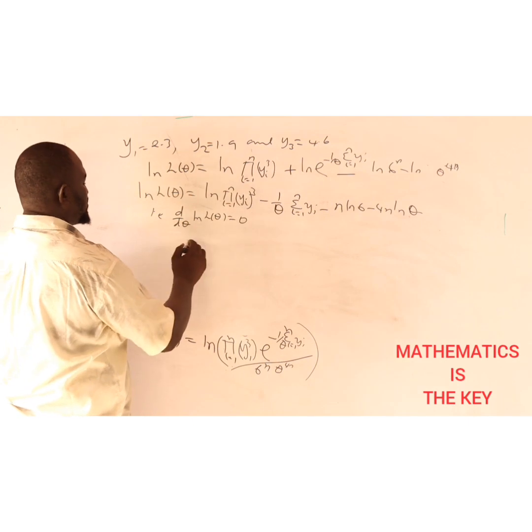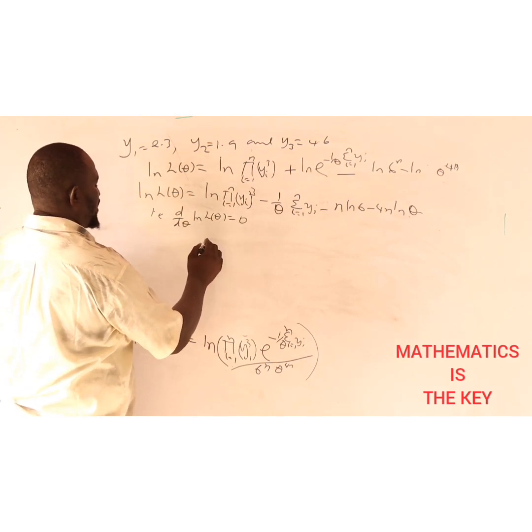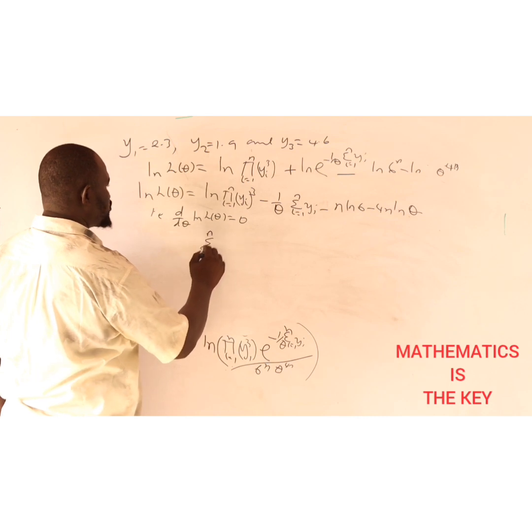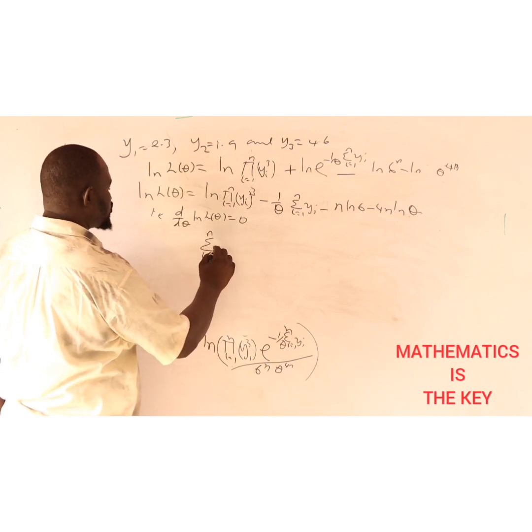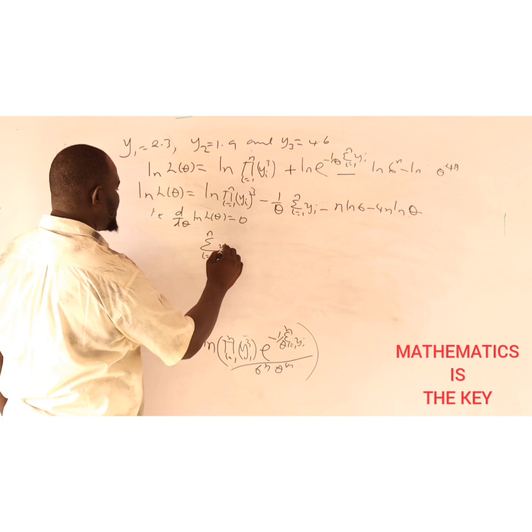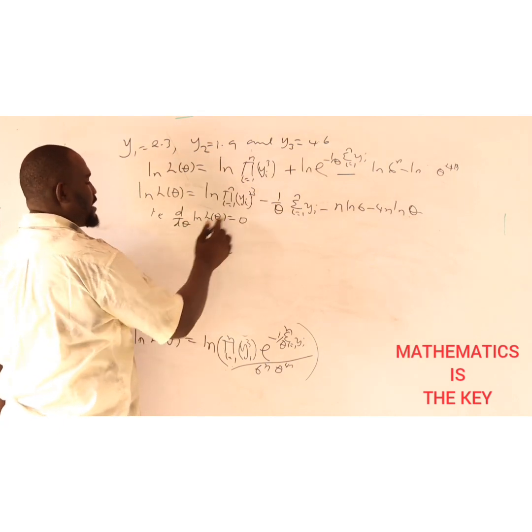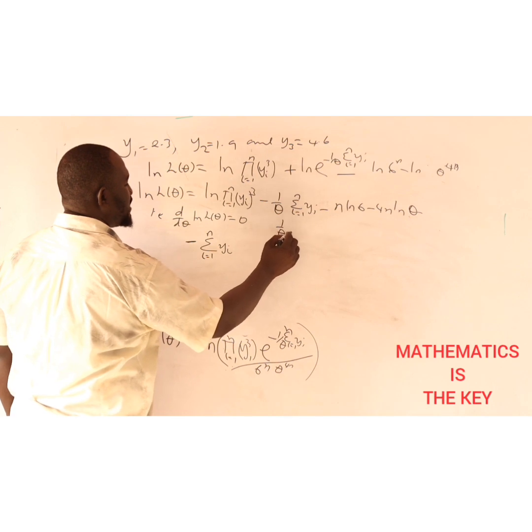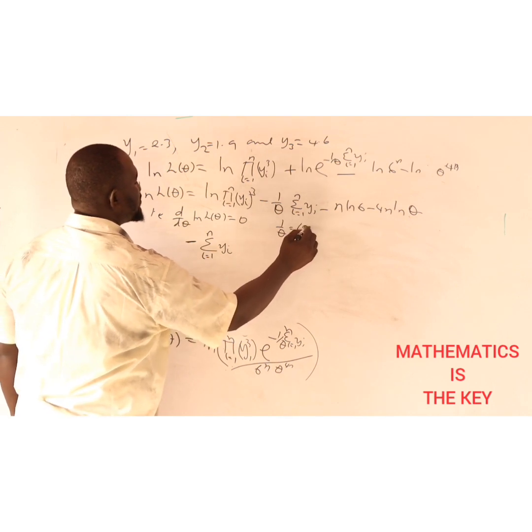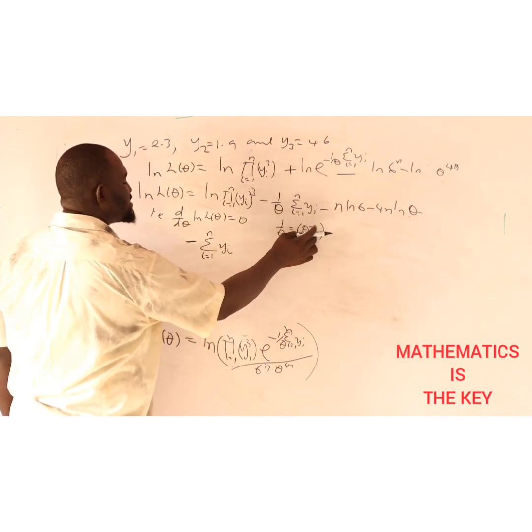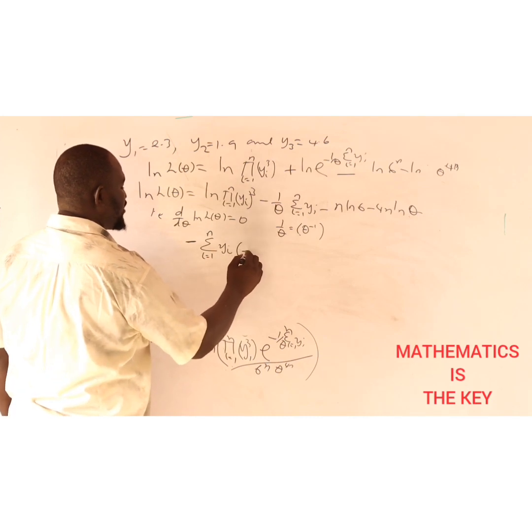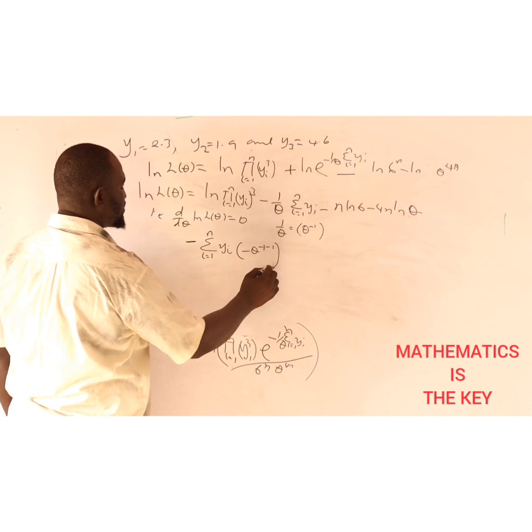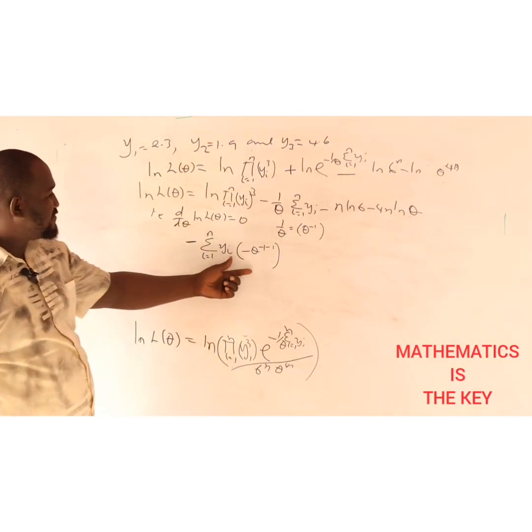For this side, we have the summation to n of i equals 1 of yi with our minus here. This 1 over theta is the same thing as theta to the power of minus 1, so the derivative is minus theta to the power of minus 1 minus 1. This is the derivative of this side.